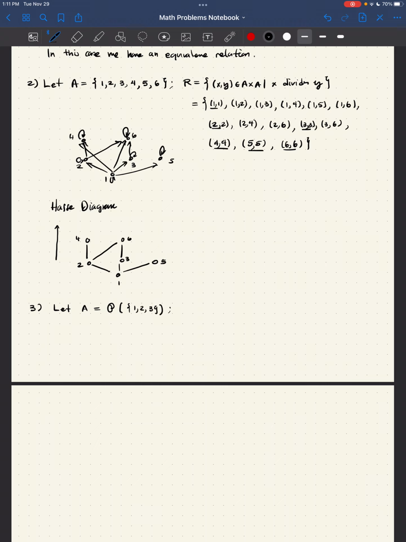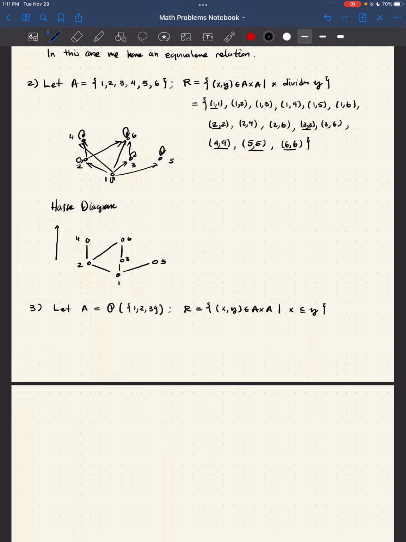Now, this time, the relation on this set is going to be given by the following. This is the collection of all those pairs in the product of A with A such that X is a subset of Y.